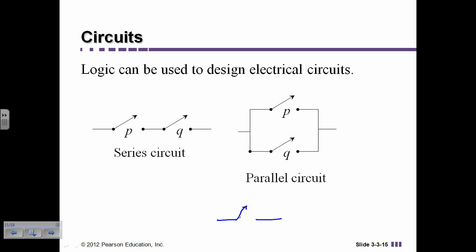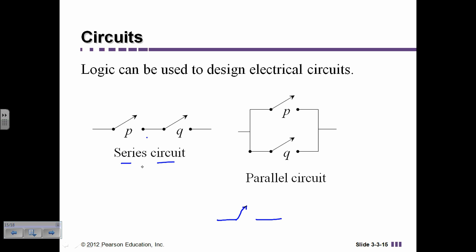In order for anything to go through, this has to be closed for the circuit to flow. When you're talking about a series circuit, basically you're thinking of P implies Q. In order for this to work, both parts have to be closed. If you think about being true as being closed, the P would have to be closed and the Q would have to be closed in order for it to be true. So P and Q.